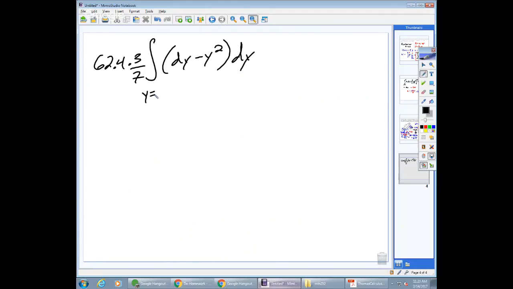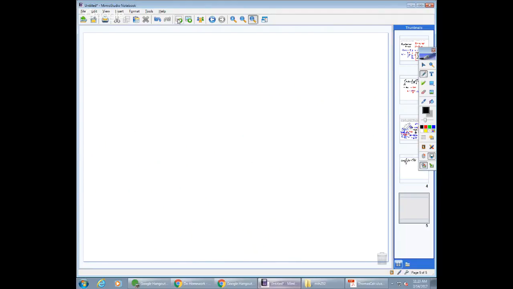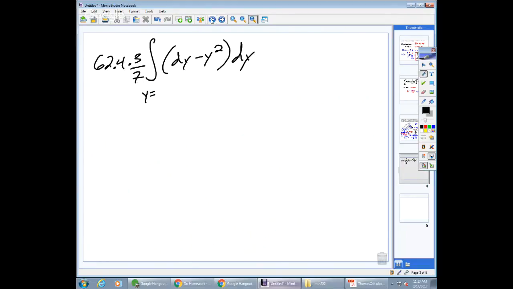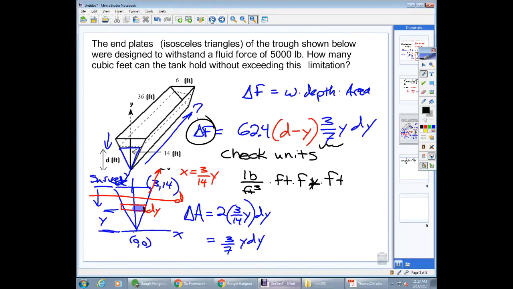Boundaries of integration here. The end plates, we're checking to see how much force they're going to get depending on what the depth we set, and we can't exceed 5,000. How many cubic feet can the tank hold? So we have a varying depth, right? We don't know what that is.